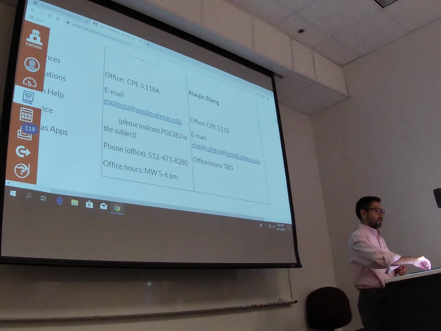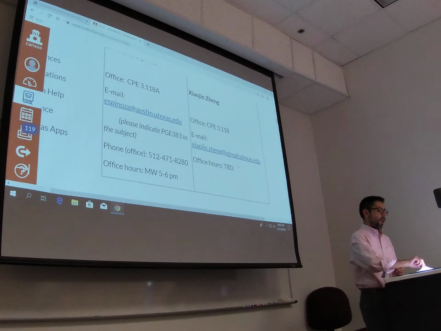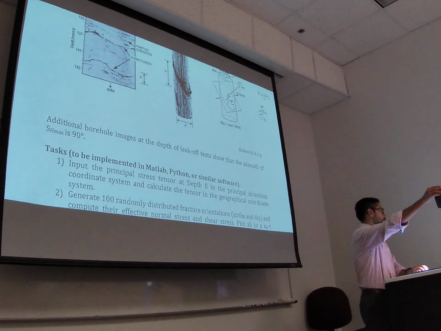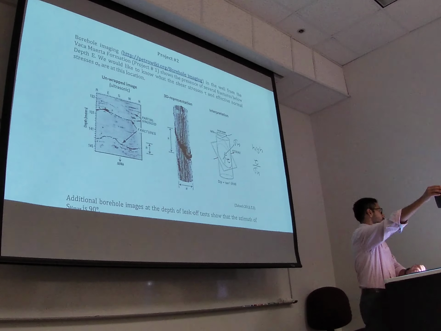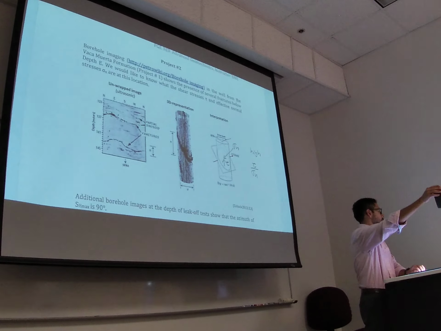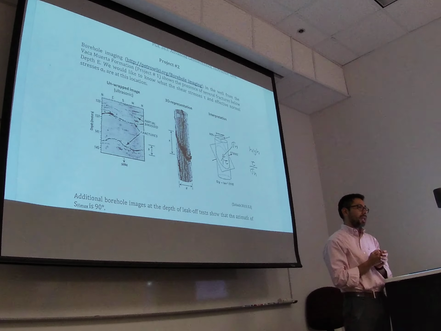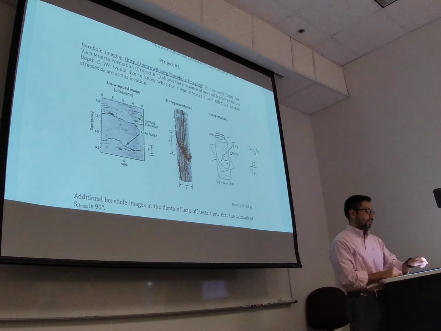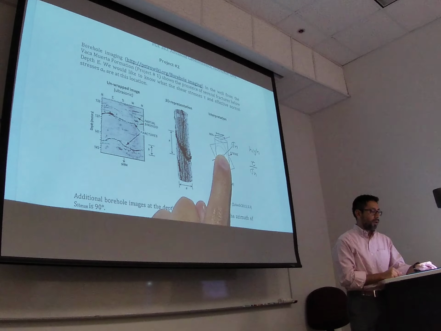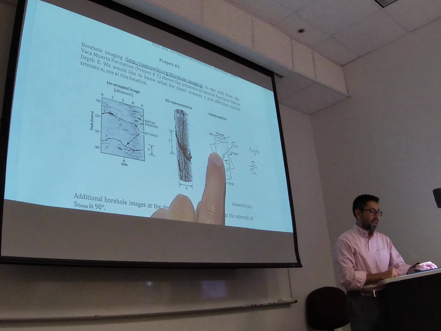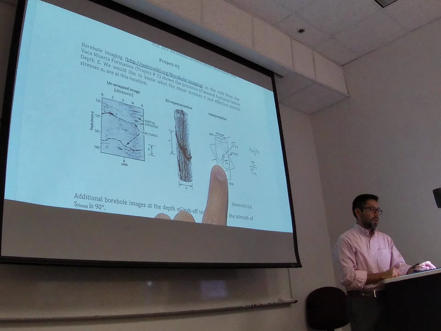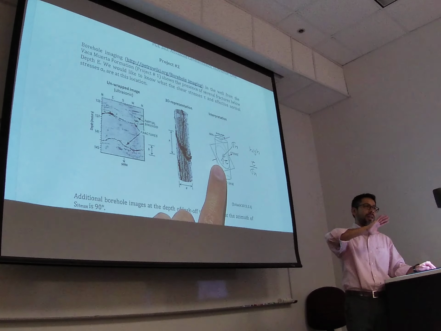So that's for project number 1. And today I'd like to start talking more in detail about project number 2. The objective is that given the state of stress at a certain location, we want to calculate what are the normal stress and the shear stress on a particular plane.